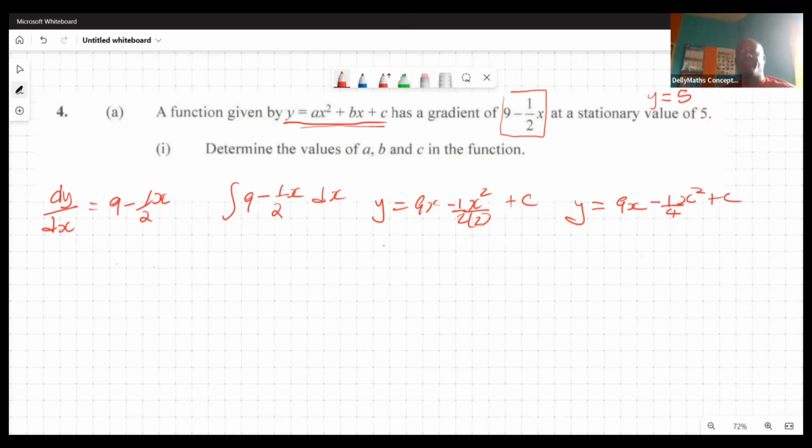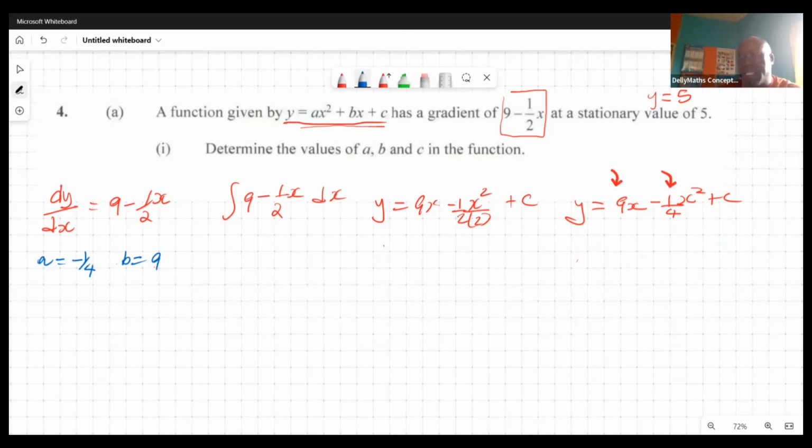So that's what we have right now. From this, we can pick up my a and my b. Currently, a is the coefficient of the square, so it's going to be negative 1/4. b is the coefficient of x, and it is 9.